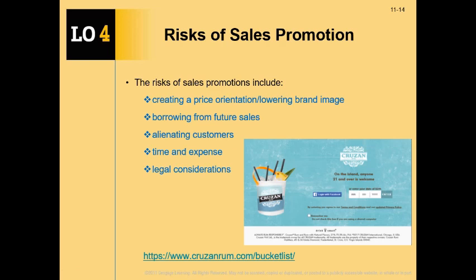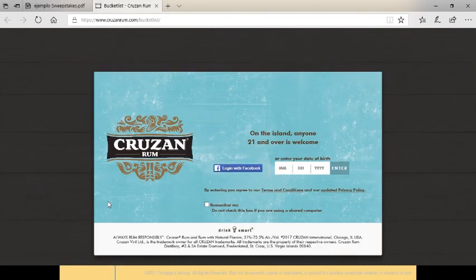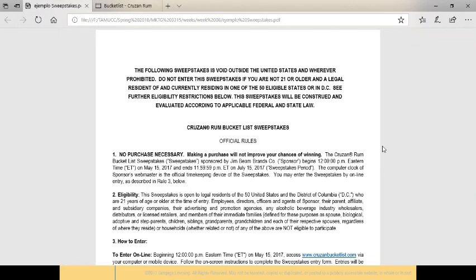And there are of course legal considerations, right? If you do, for example, sweepstakes or some other form of contest, you have to comply with legal requirements, right? Especially in products for which there is high regulation and restrictions, such as alcoholic beverages, right? As we see here, if you want to participate in this Cruzan's rum contest, then you have to, of course, abide by the law and the regulations.